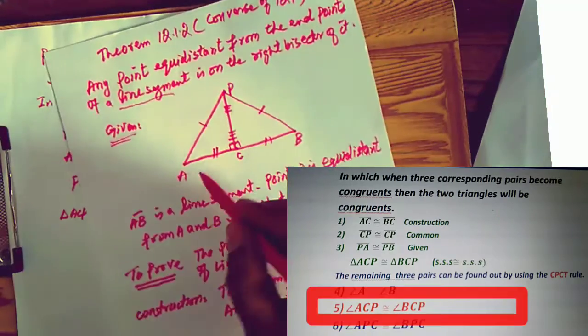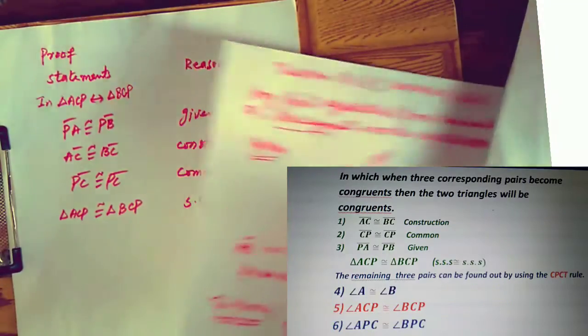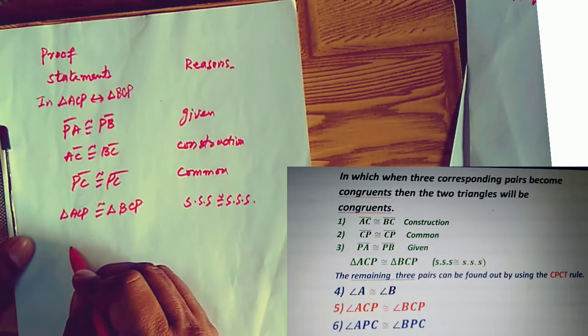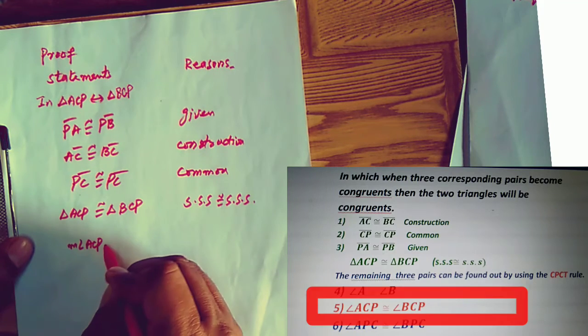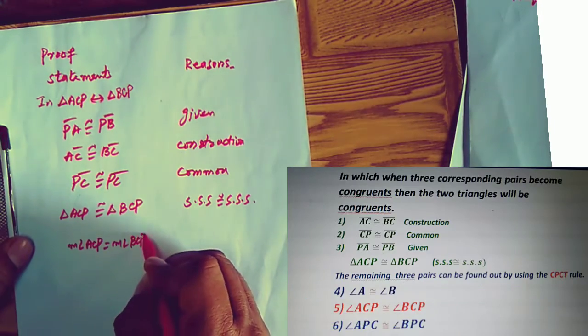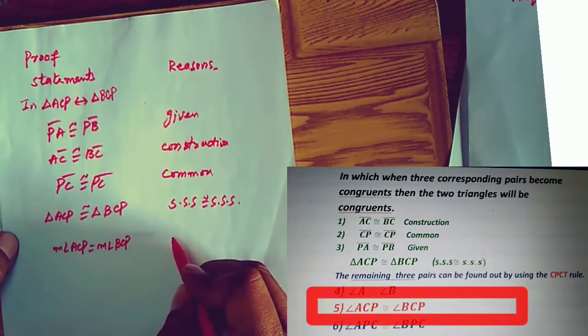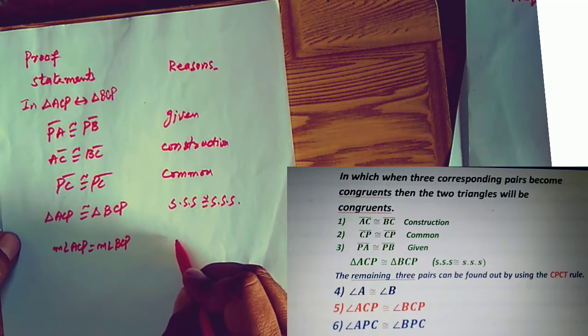So we take angle ACP and angle BCP: measure of angle ACP is equal to measure of angle BCP by using the CPCT rule.